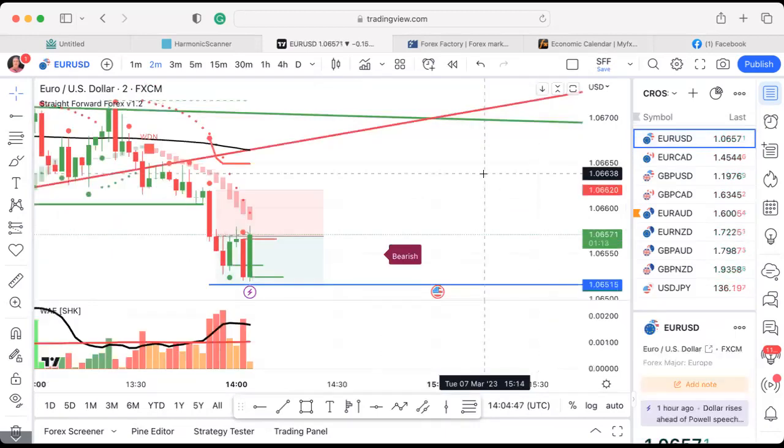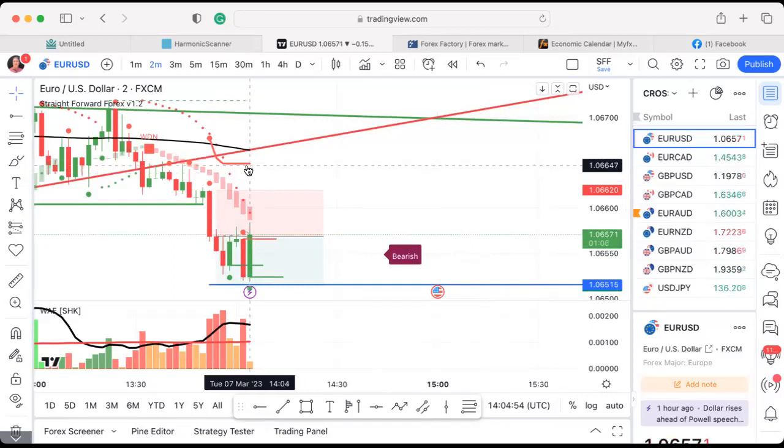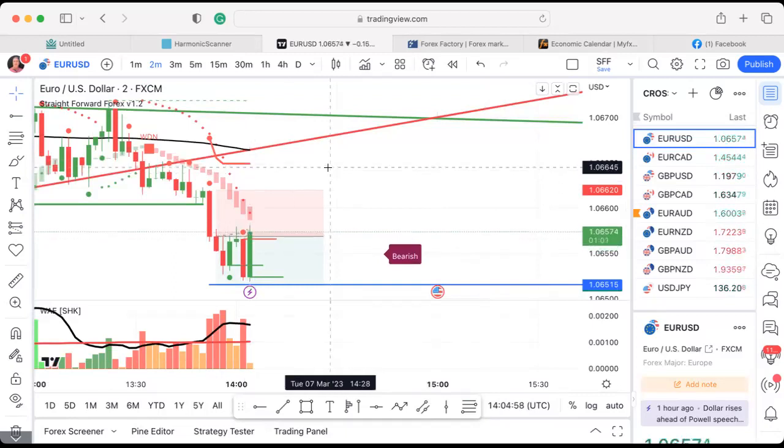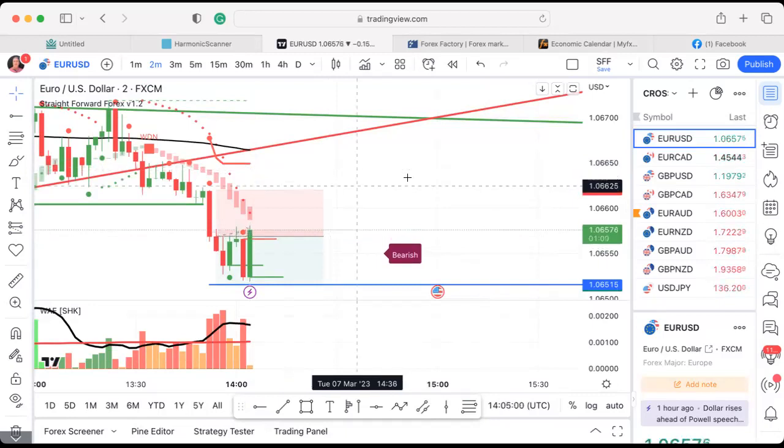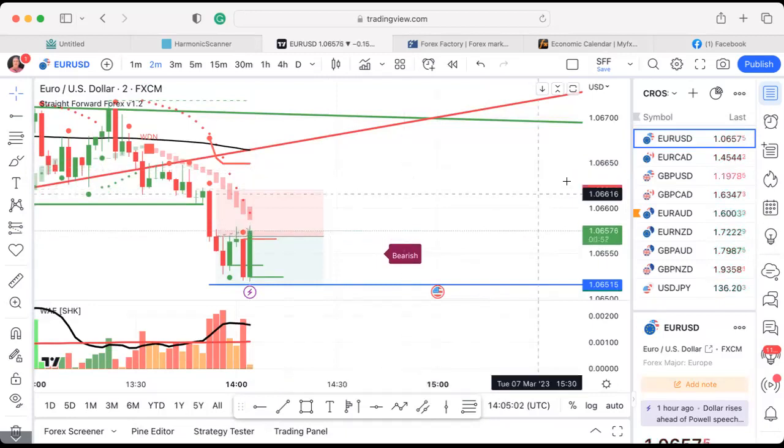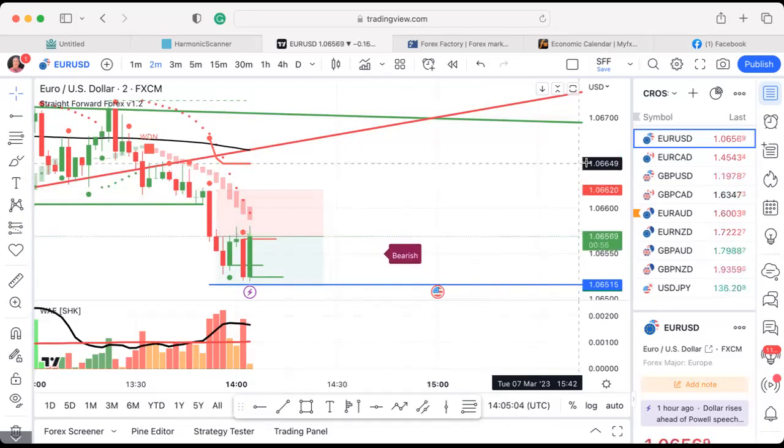That nearly made it to my first target. The super trend has gone flat. Okay, just very slow today.